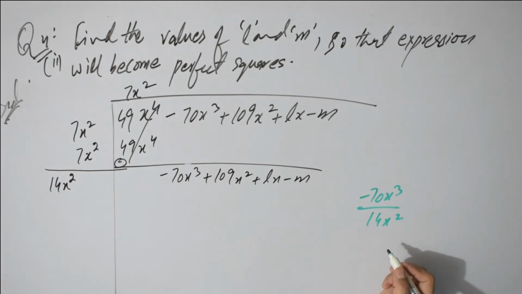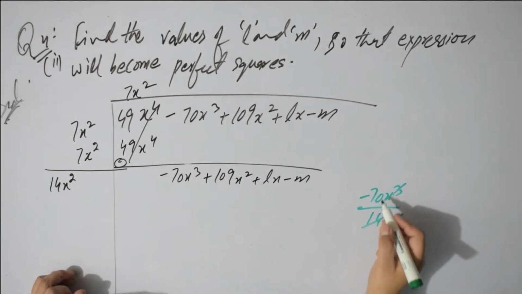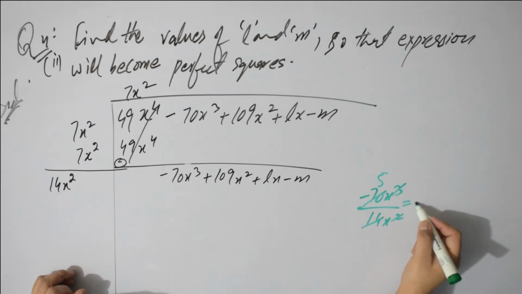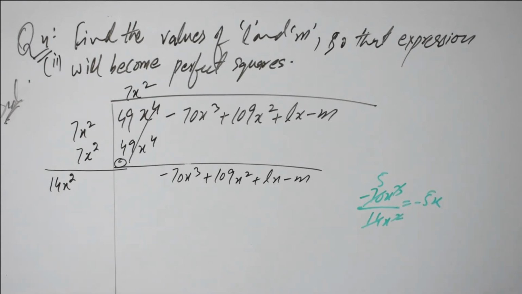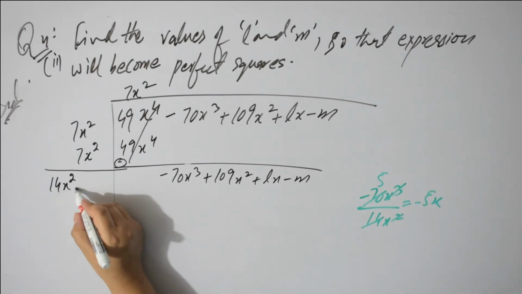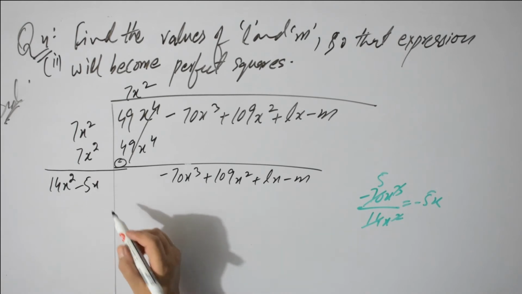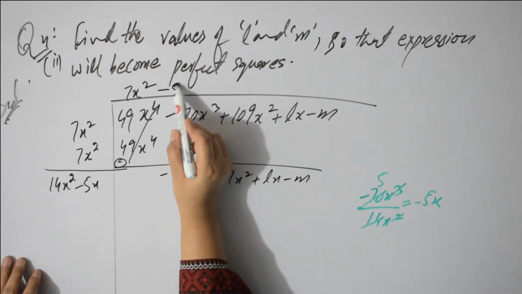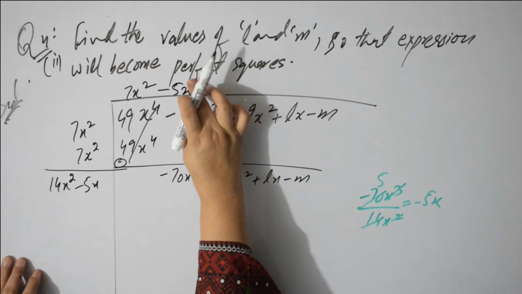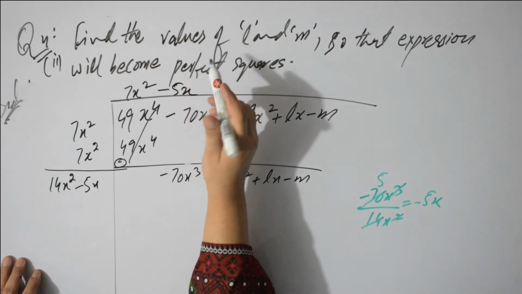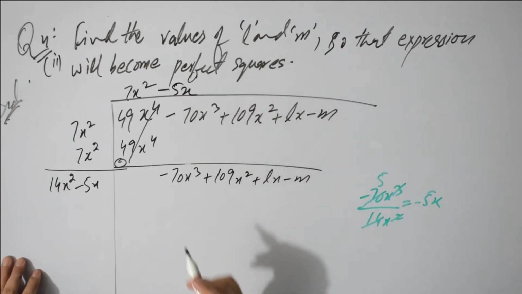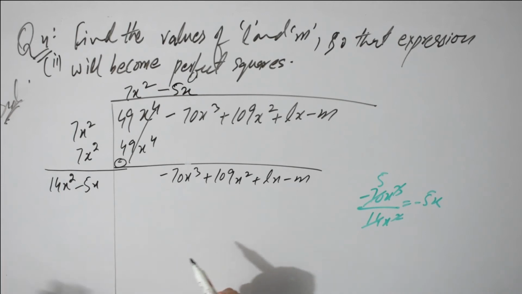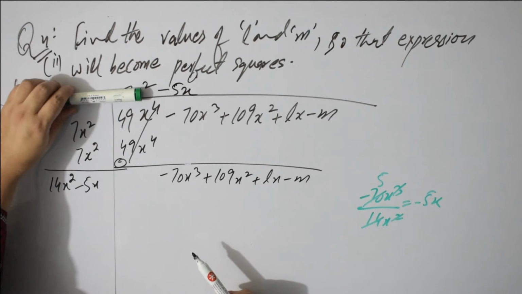So how many times is 14? x square cancels, 14 goes 5 times, so minus 5x is my quotient. Right over here, minus 5x.